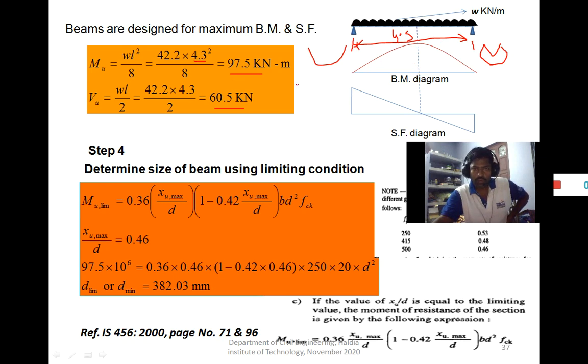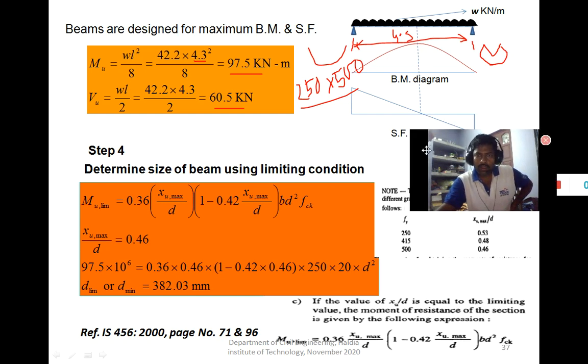If the 250 into 500 section is safe under maximum bending moment and maximum shear force, then the lesser bending moments are also automatically satisfied, because it is designed for the maximum and can resist lesser moments easily.